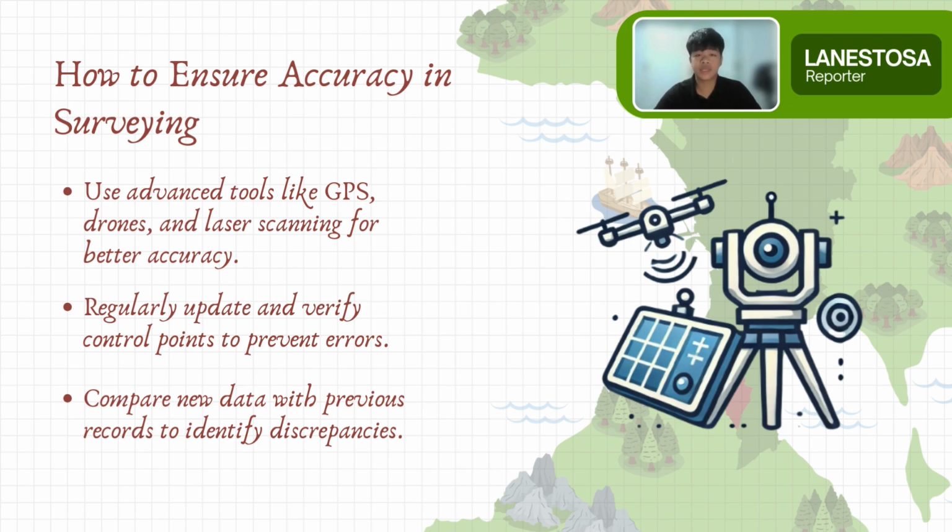It's also important to regularly check and update control points to ensure they remain stable over time. Another key practice is comparing new survey data with past records to detect and correct discrepancies early. By using advanced tools and best practices, surveyors can continue to provide reliable data for land development and engineering projects.